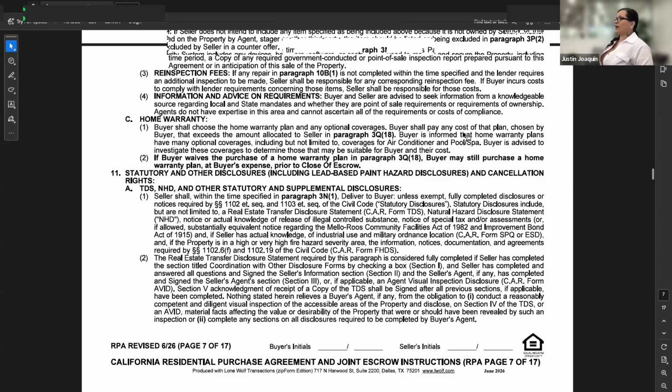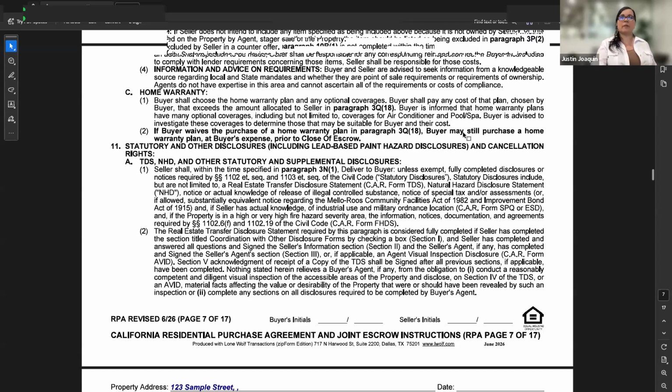So that's another reason why we don't want to just bypass all these terms when we're talking to a seller, right? Hey, seller, when I went to meet you at our listing appointment, I noticed you didn't have, right? I didn't see any carbon monoxide devices. You're going to want to make sure to do that right away, right? Okay. Information and advice on requirements. So everything I just talked about, I'm not an expert.